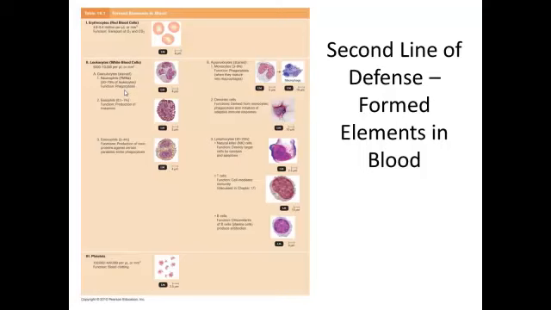Now, I also like to talk about NETs, neutrophil extracellular traps. They don't do this very often, but when things get really bad, when there's a whole lot of pathogens and they just can't eat them fast enough, what they do is they explode. They mix the contents of their granules into their chromosome, their DNA strands, and those DNA strands act like the strands of a net. And they explode, casting this toxin-laced net over the pathogens and innocent bystander cells, and those granules that are embedded in the DNA kill them.